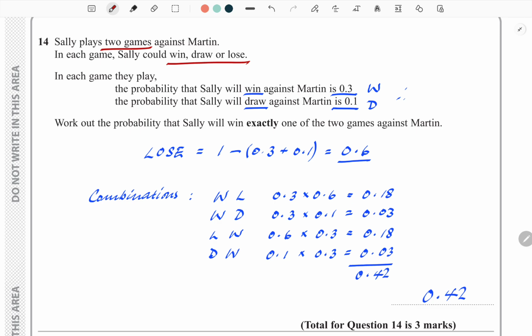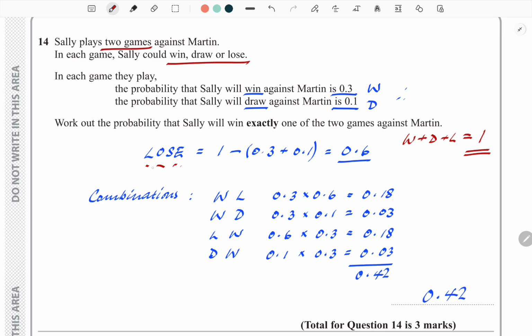So the first thing we're going to do is work out the probability that she loses a game. Remember, if there are 3 outcomes, win plus draw plus loss must add up to a probability of 1. That must be the total. There are no other options, so those 3 must add up to 1.